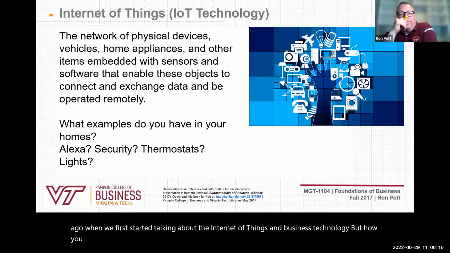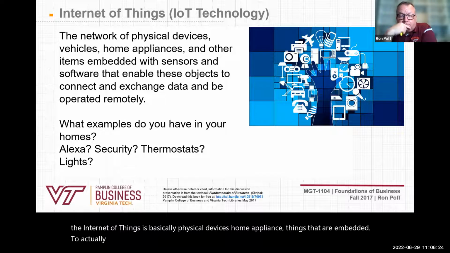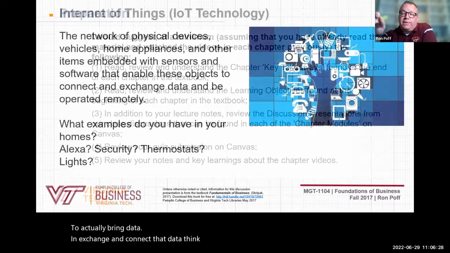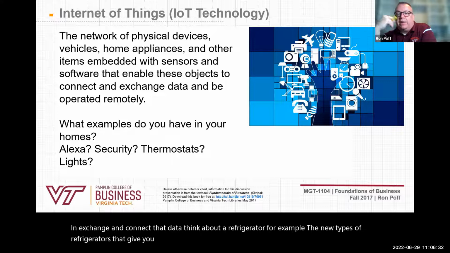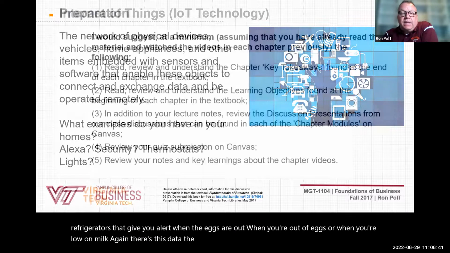But the Internet of Things is basically physical devices, home appliances, things that are embedded to actually bring data and exchange and connect that data. Think about a refrigerator, for example, the new types of refrigerators that give you an alert when you're out of eggs, or when you're low on milk. You know, again, there's this data, the connectivity of that data that's there.